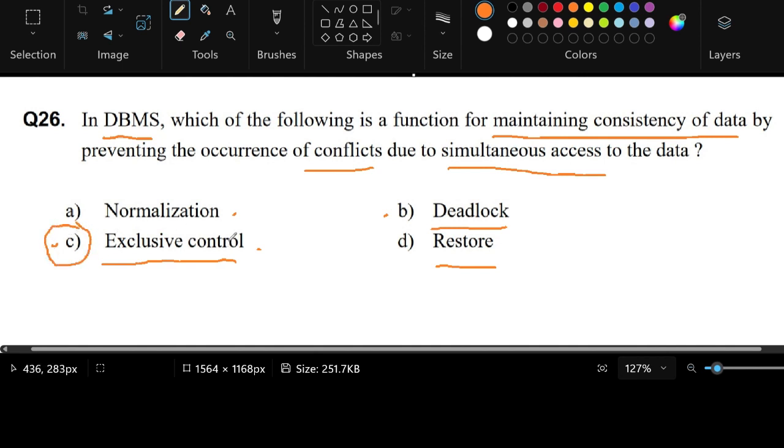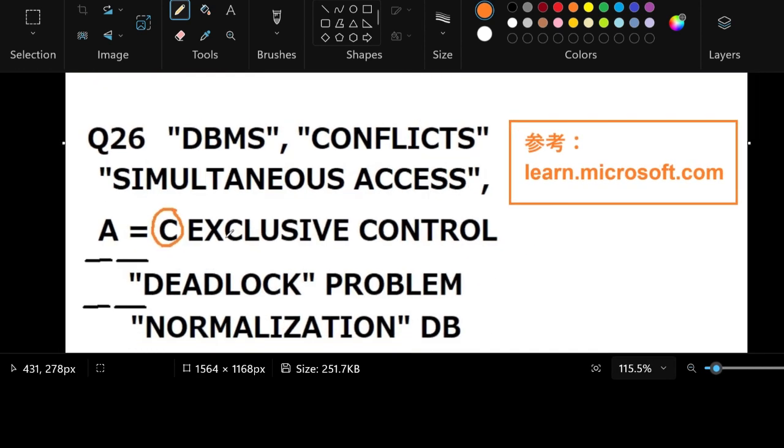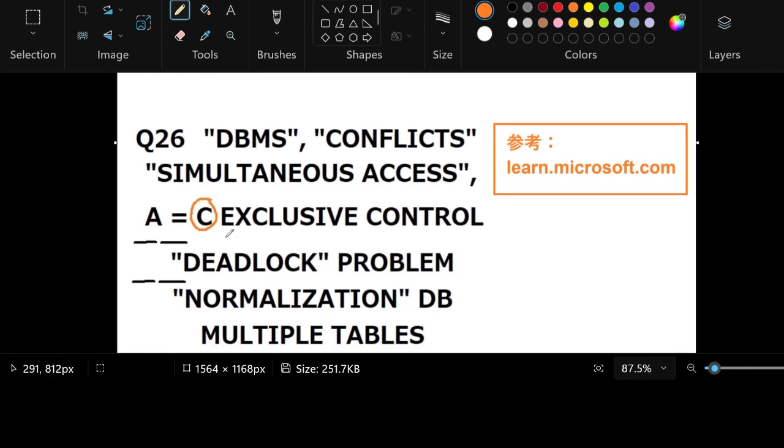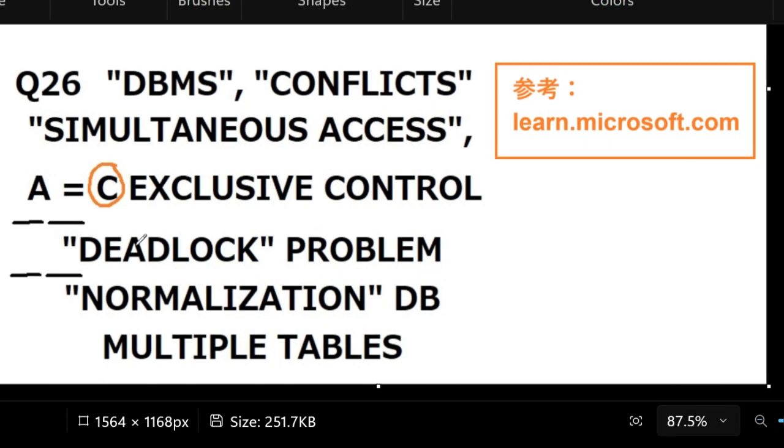Let's look at the notes that I have, see if we can add anything else. Okay, so we are looking at database management systems, conflicts, simultaneous access, and we solve it by exclusive control. Deadlock is a problem.